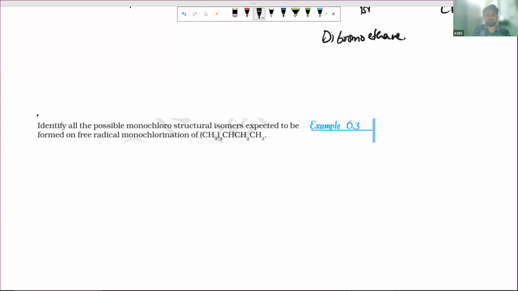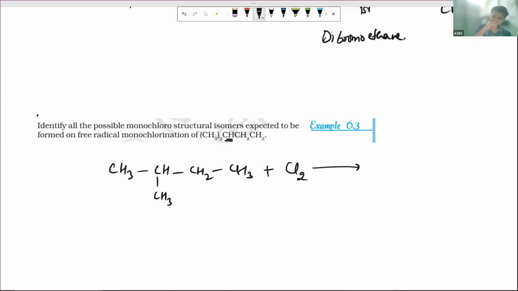Free radical mechanism means we have CH3, then CH, and there are two CH3, meaning one CH3 is attached with this CH3, then CH, and this is also CH3. So with this CH, the two CH3 groups are attached, and then we have CH2, and then we have CH3. And we are doing the free radical mechanism. We are passing chlorine gas to it.